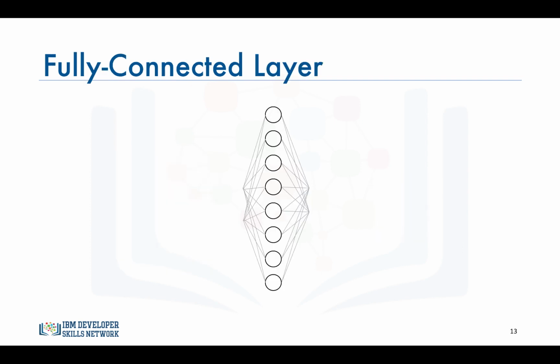Finally, in the fully connected layer, we flatten the output of the last convolutional layer and connect every node of the current layer with every other node of the next layer. This layer basically takes as input the output from the preceding layer, whether it is a convolutional layer, ReLU, or pooling layer, and outputs an n-dimensional vector where n is the number of classes pertaining to the problem at hand.